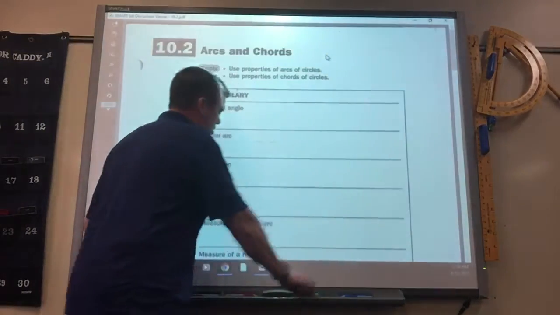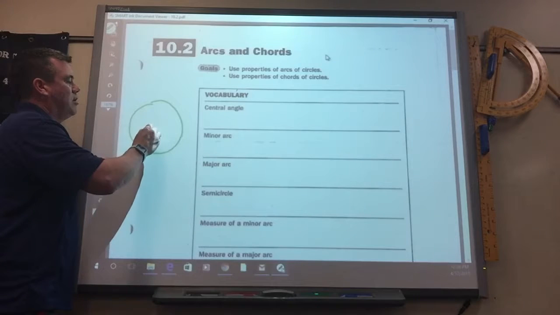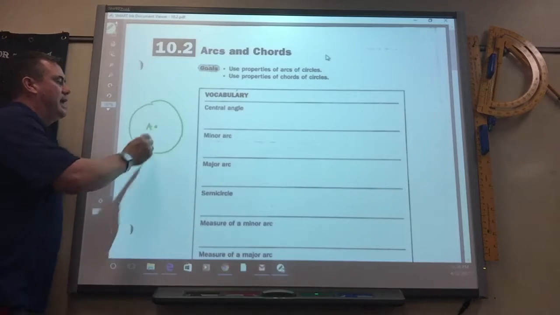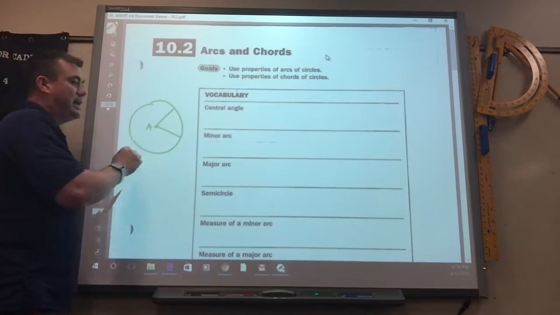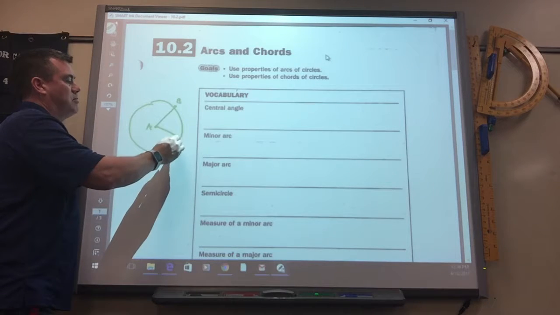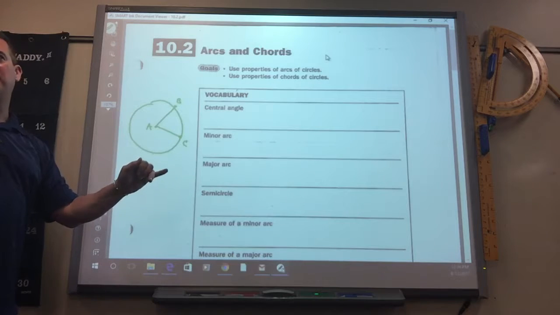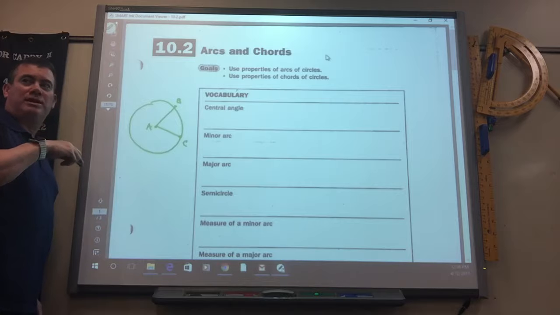More stuff on a circle. Okay, a circle always has a center. And if you were to draw two radii, so I got radius AB and radius AC, that forms what inside the circle?